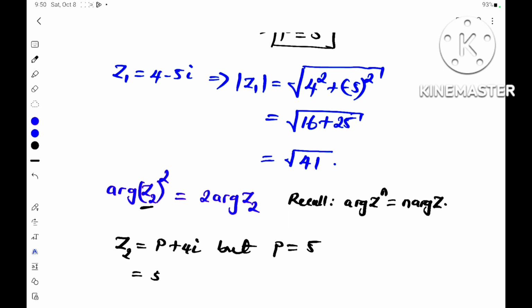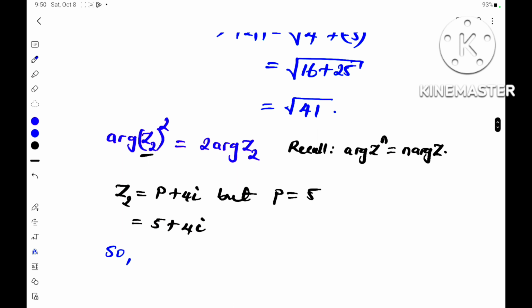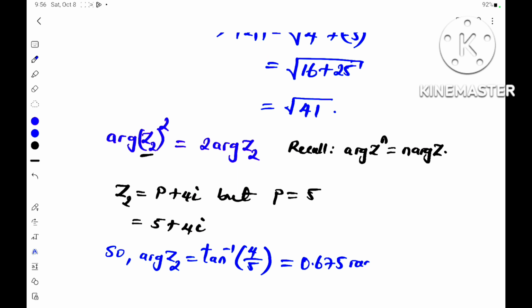So this is equal to 5 plus 4i. So the argument of z2 is given by the tan inverse of 4 divided by 5. And this is equal to 0.675 radians, correct to 3 decimal places. This value can be obtained directly from your calculators, and it is exactly equal to 38.66 degrees, if you write this to 2 decimal places.